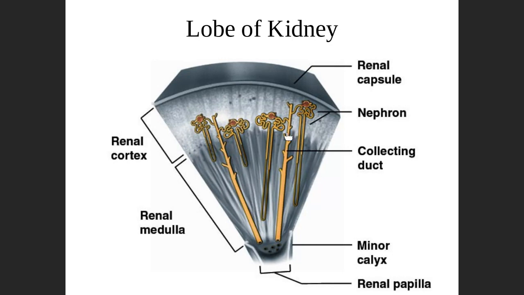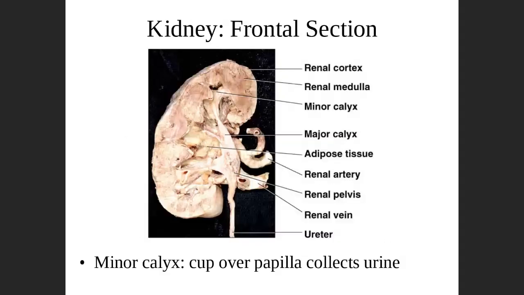The other difference is that in the juxtamedullary nephron, the loop of Henle is much longer than in the cortical nephron. This is just a gross anatomy of the kidney. As you can see, the minor calyx, major calyx, renal pelvis, and ureter out.